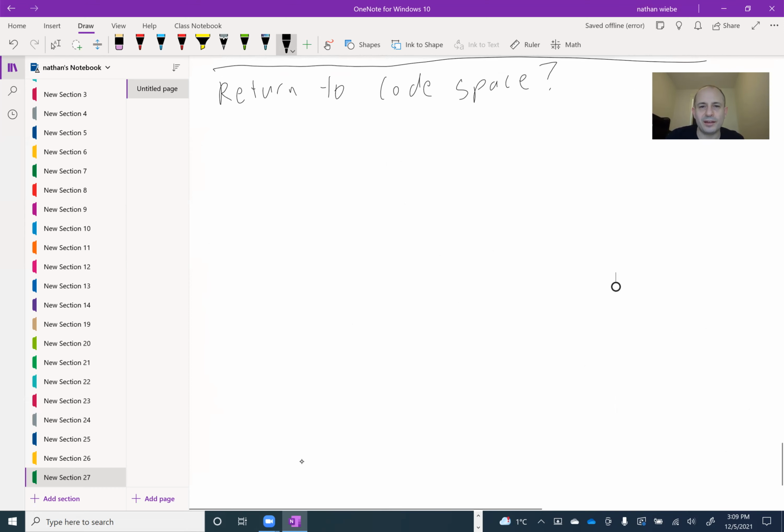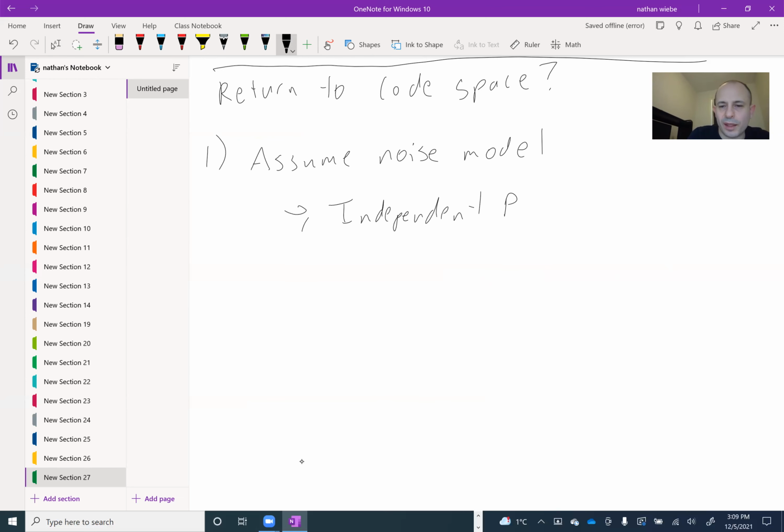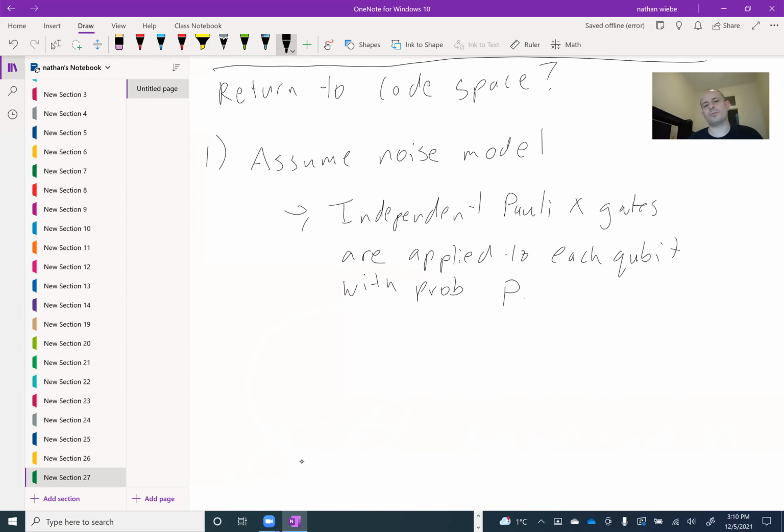Well, the basic idea visually behind all of this is to, one, assume a noise model. A noise model that we're going to assume is Pauli applied with probability p.